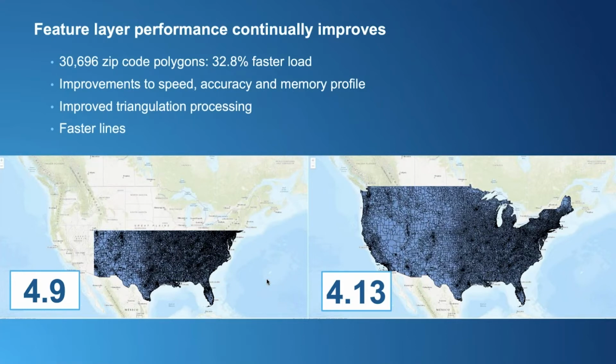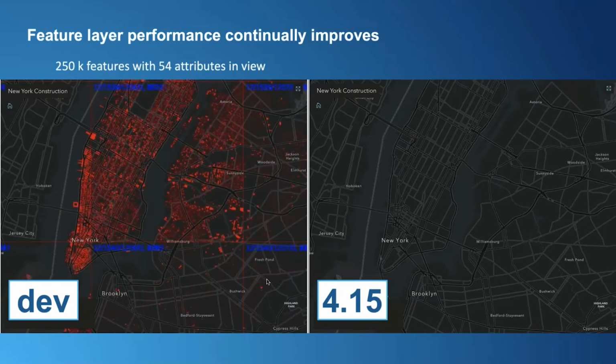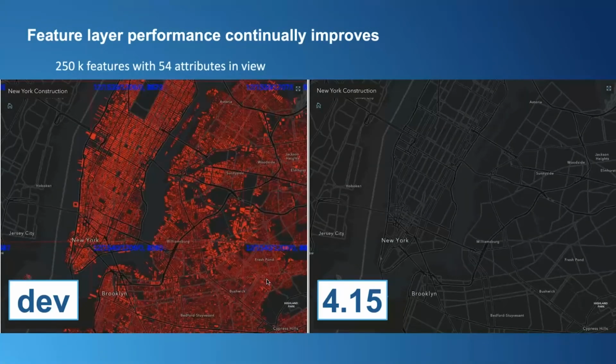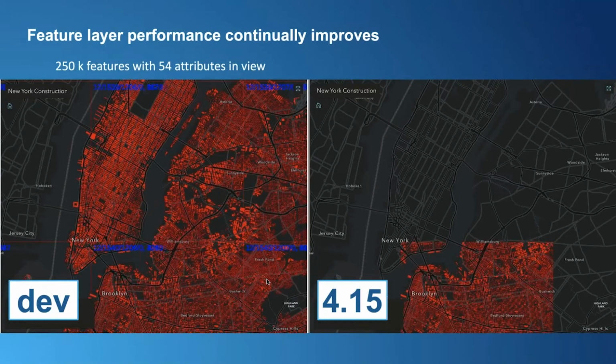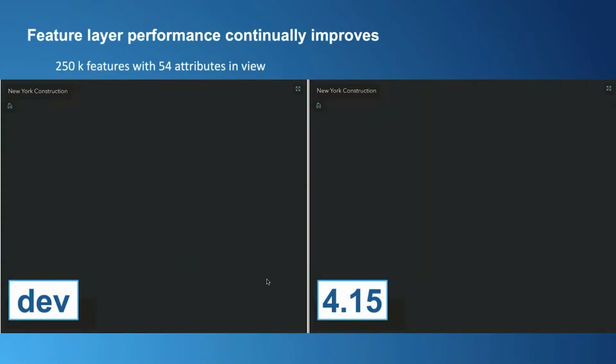I also wanted to point out that we are continually improving this performance. So if I start to load this layer of New York buildings again, you'll note how fast it loads on our development branch that we're currently working on versus the most updated release of 4.15, which came out in February. So even between these two versions, there's a lot of potential for improving performance.